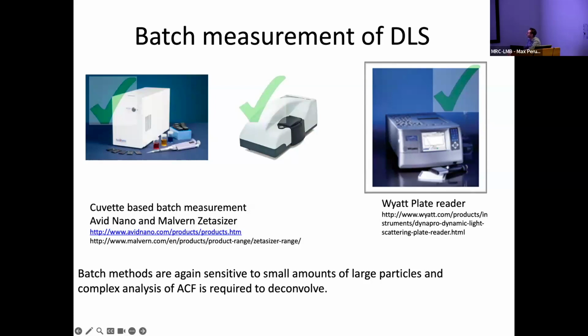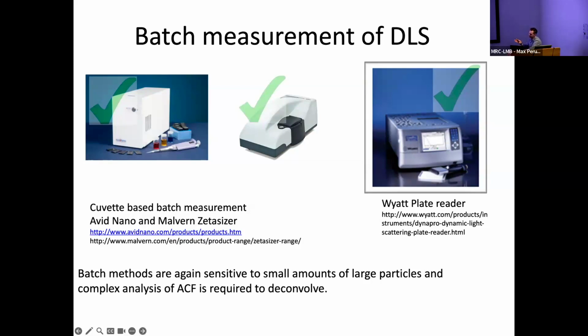What we predominantly use is this Wyatt plate reader. This is really good because you can put 384 well plates in, and 1,536 well plates as well. We don't ever do that, but you can. The advantage is that you only need a smaller volume, so you can put 20 microliters into the well and then measure.